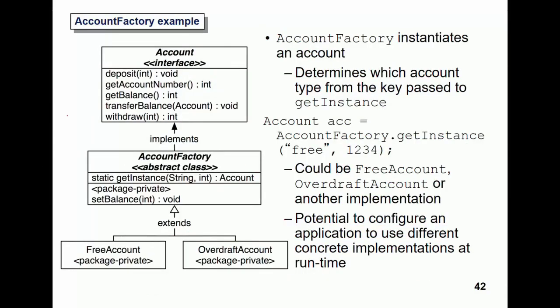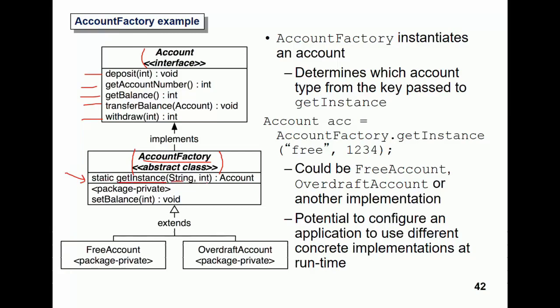So looking at our bank account example, this is how you would implement it using a factory design method. Here you've got a bank account interface with the same methods we want to implement. What we've done is we've converted our abstract class into a factory class, and we're adding a static method called getInstance.